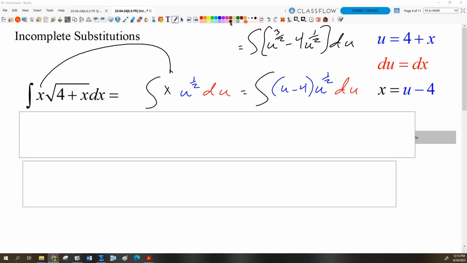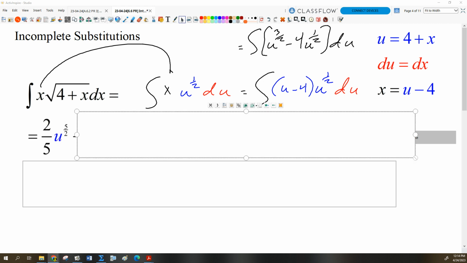So what's the antiderivative of that first part? What's the integral of u to the 3/2 du? Okay, u to the 5/2 times 2/5, divided by 5/2, but we'll just multiply by 2/5.